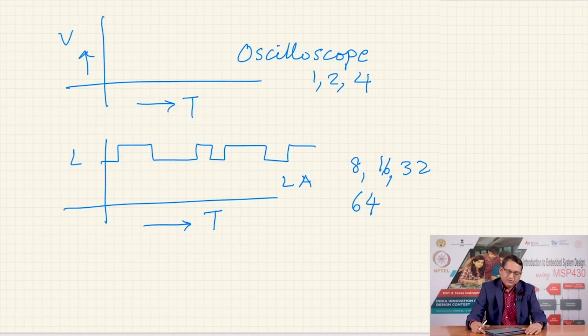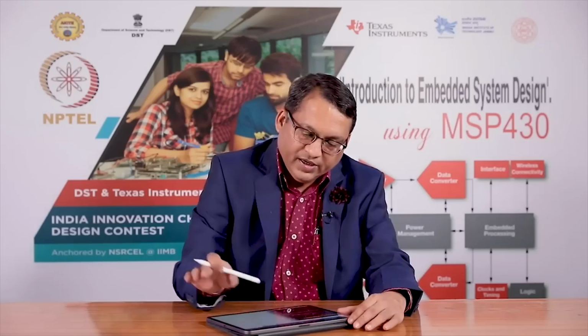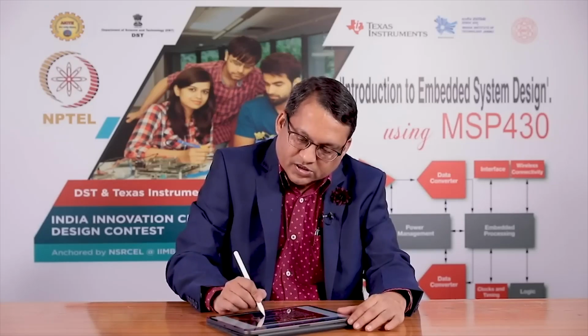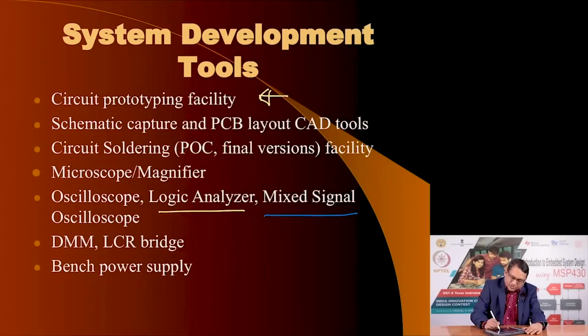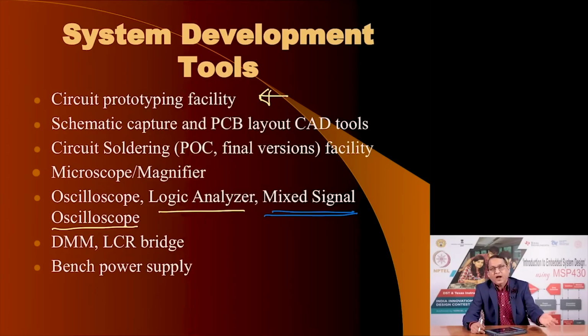So a logic analyzer is a very useful device to have, but increasingly, because my microcontroller system is a mixed signal system, I need a new instrument called a mixed signal oscilloscope. A mixed signal oscilloscope is an oscilloscope which is a combination of a normal oscilloscope and a normal logic analyzer function integrated in a single instrument.